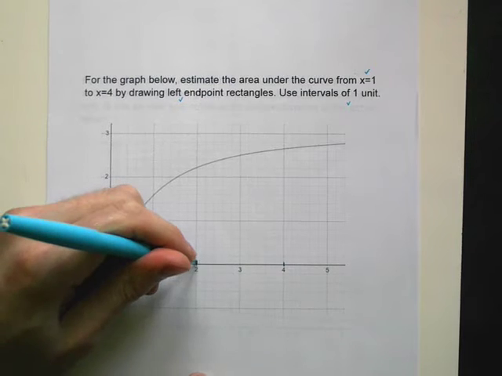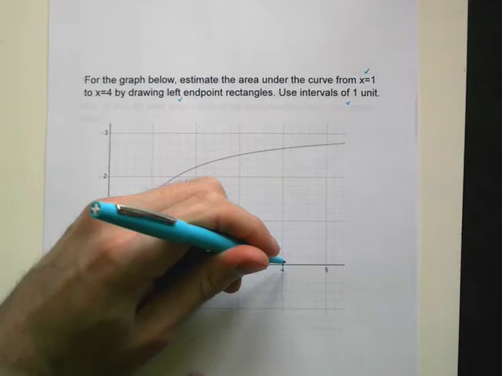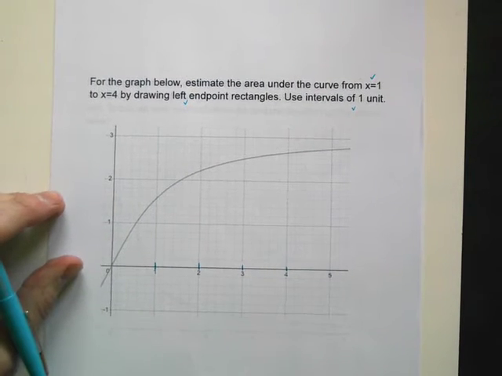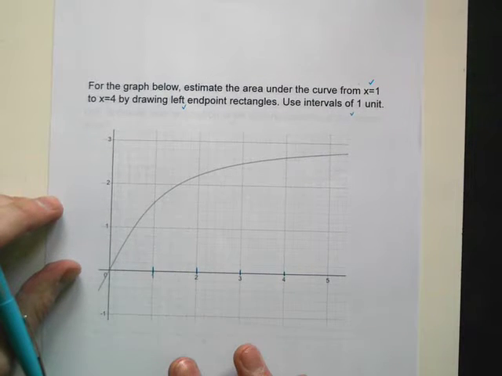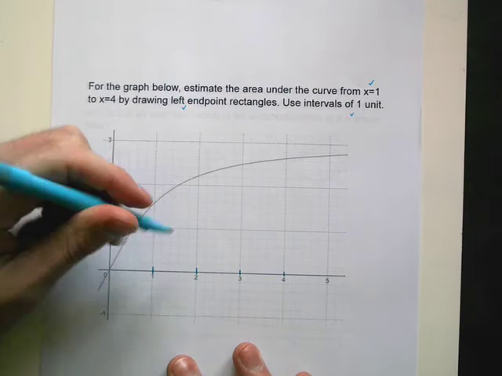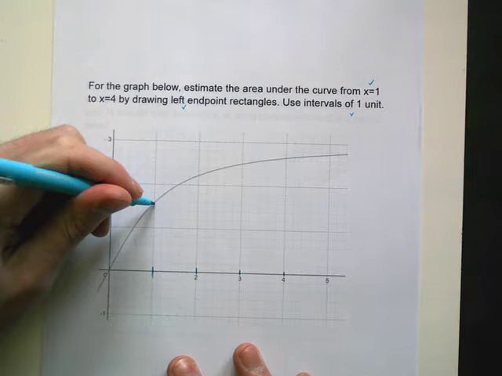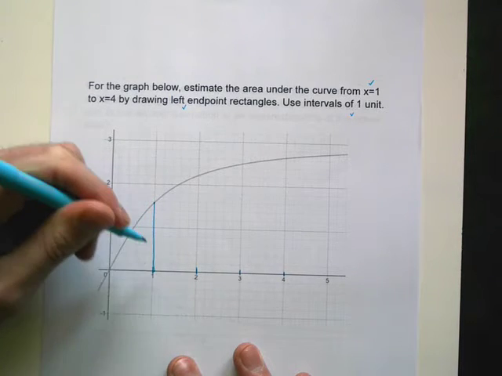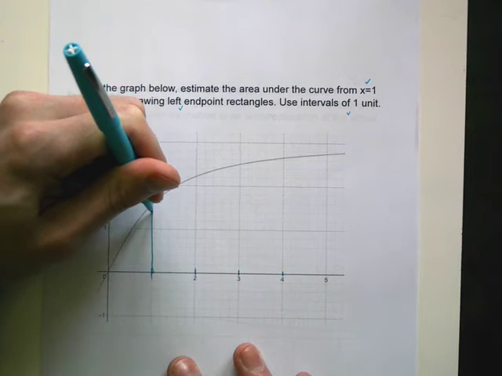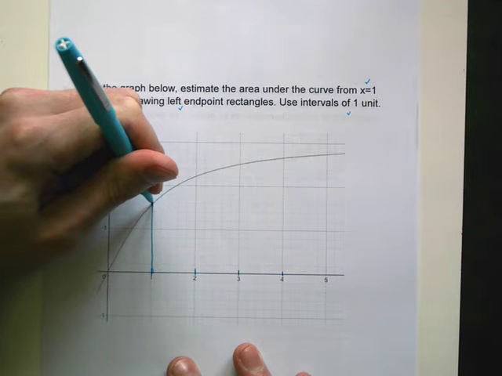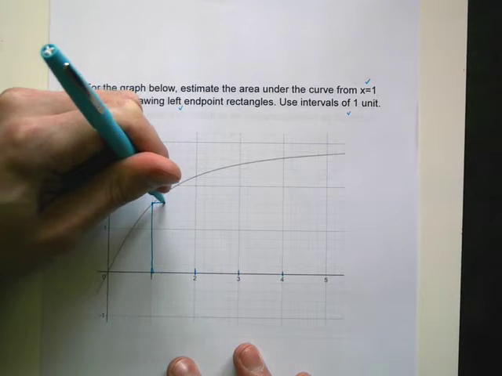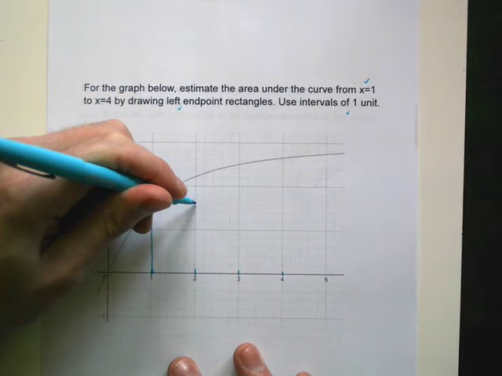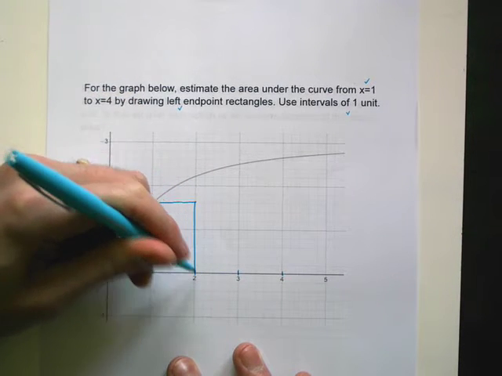So from 1 to 2, that's going to be a rectangle, 2 to 3, 3 to 4. The only difference in this one is these are left endpoint rectangles, which means I need to make my rectangles starting from the left side of each interval. So my first rectangle goes up to where I hit the graph. I'm touching my curve right there. Now I'm going to go over and connect with my second unit right here.